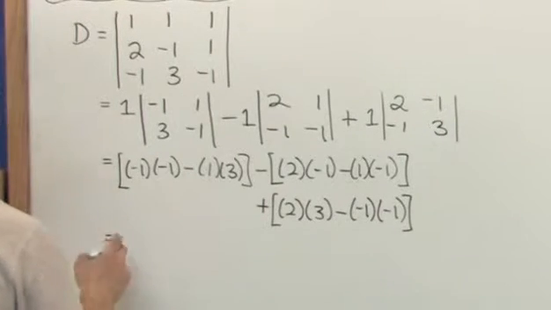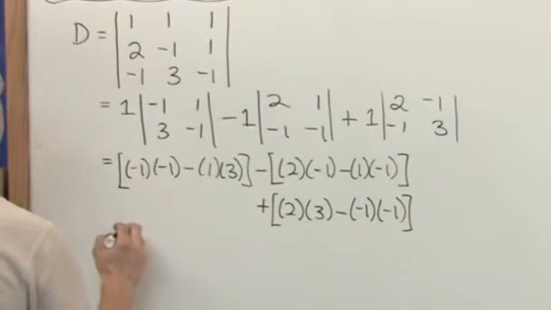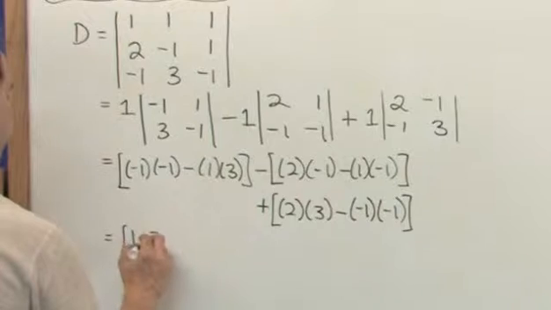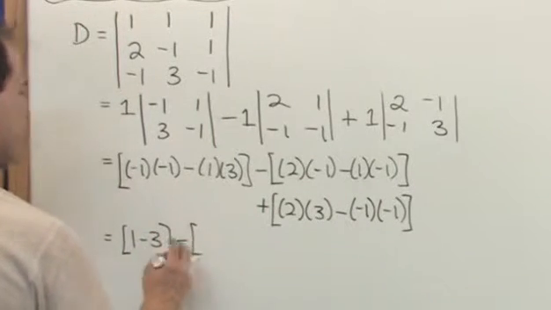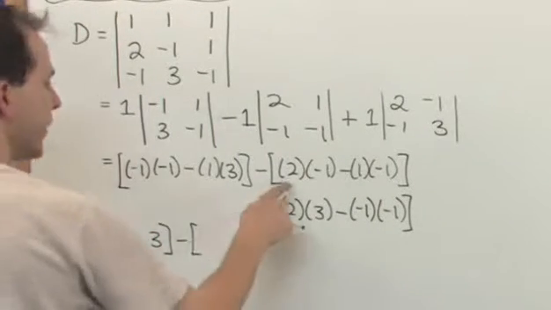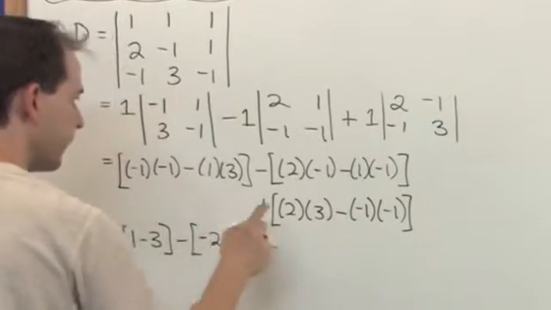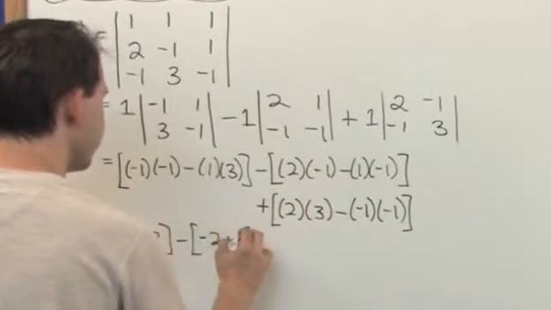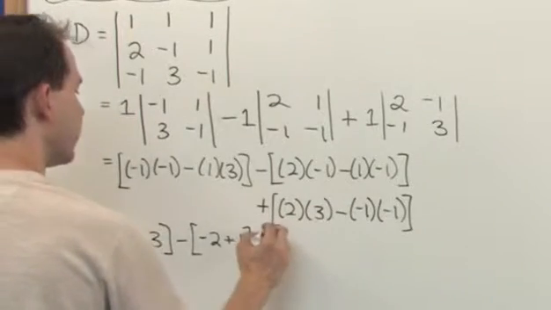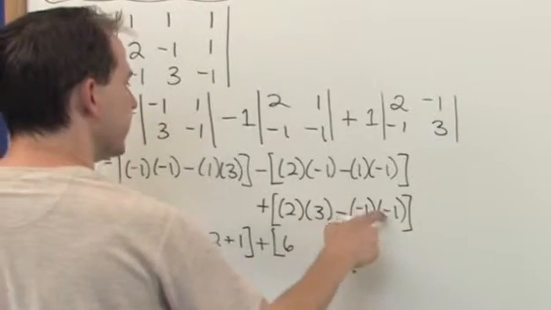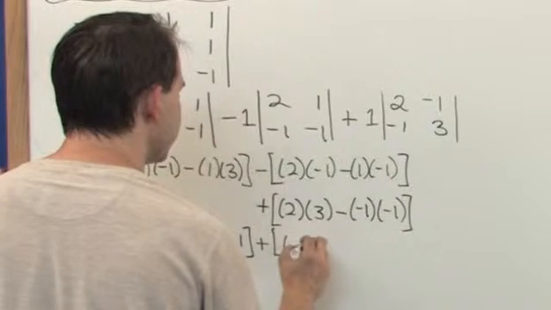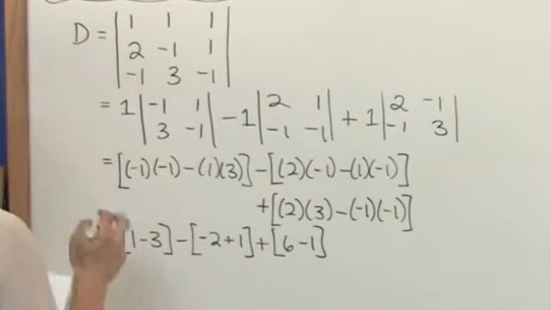And then to continue on, what we're going to have in here, this is going to be positive 1 minus 3 minus, and on the inside here, you'll have negative 2 minus 1. Actually, it's going to be a plus 1. Negative times negative gives you a positive. And then over here for this term, you're going to have on the inside 6. This gives you a positive 1, but you have a negative, so it's negative 1. Okay?